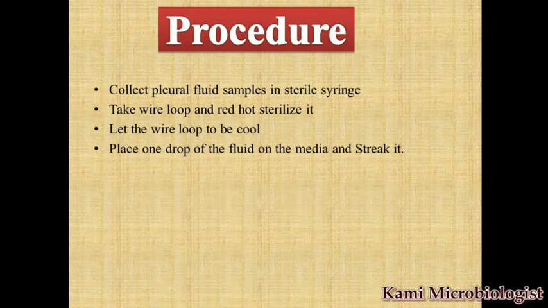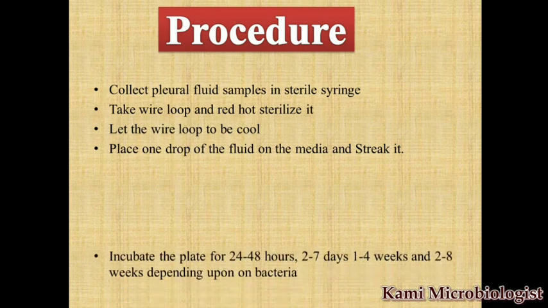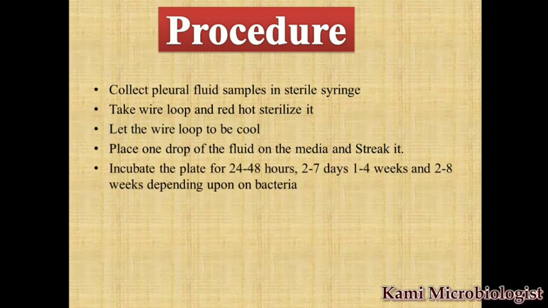During that time, you place one small drop of the pleural fluid onto the selective media, as I talked about, and then you streak it. After that, you incubate the plate for 24 to 48 hours, 2 to 7 days, 1 to 4 weeks, or 2 to 8 weeks. It depends on the bacteria.